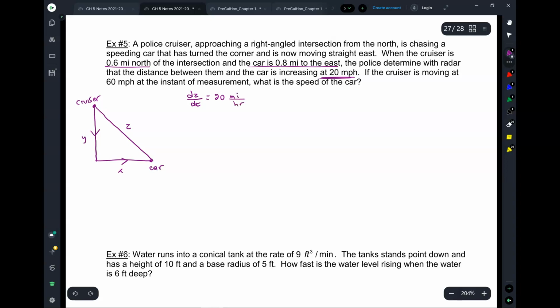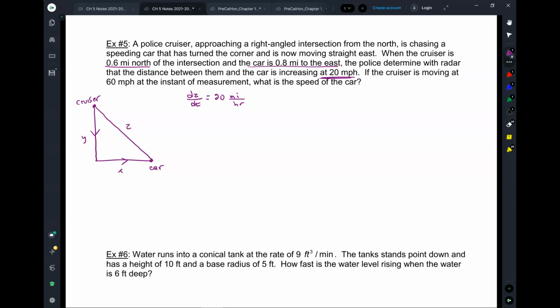But you wouldn't use y and x. We know what x is at one point, but it's continuously changing because they're in pursuit. The snapshot is when it's 0.6 miles north and 0.8 miles to the east. So they're not constant.